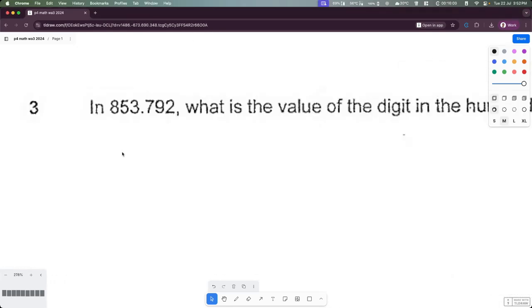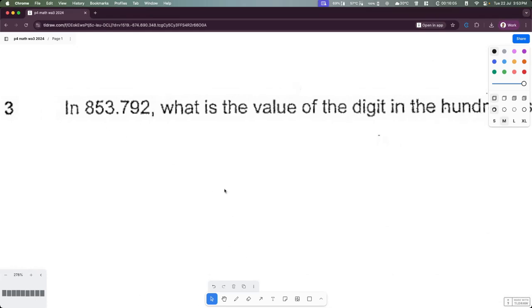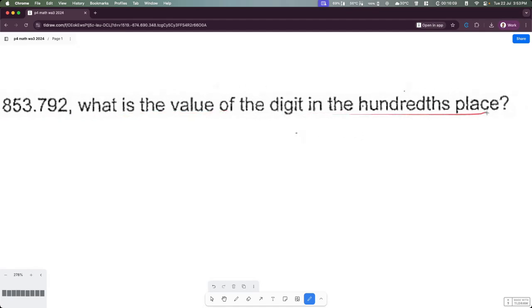All right, let's move on to question 3. So in this case, in 853.792, what's the value of the digit in the hundredths place?